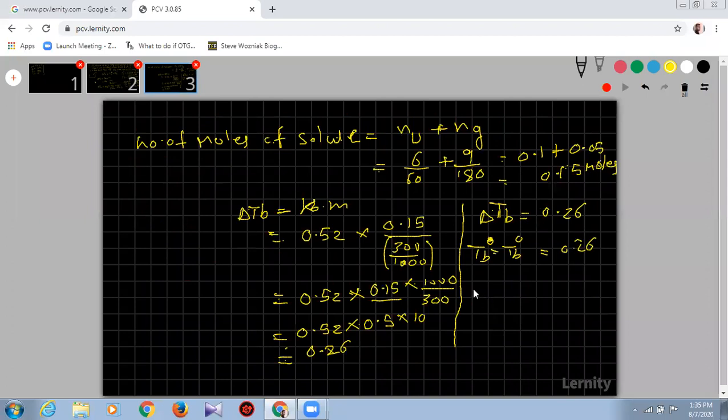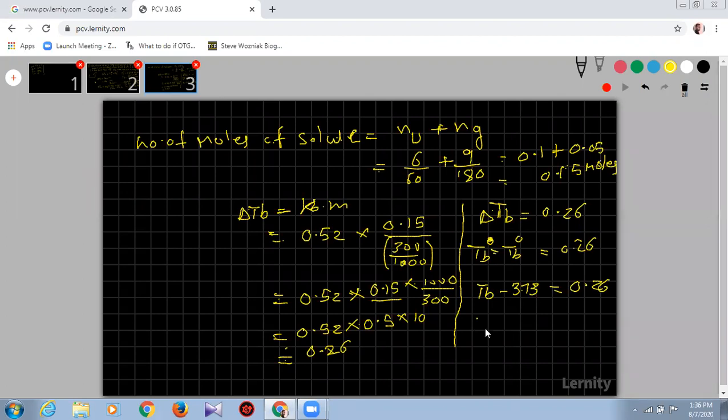TB naught is for the solvent. What is the solvent? Water. What is the boiling point of water? It was already mentioned, 100 degrees centigrade, that means 373 Kelvin.